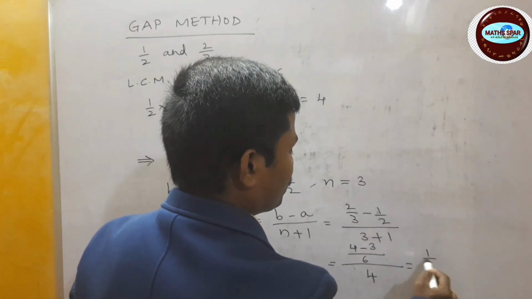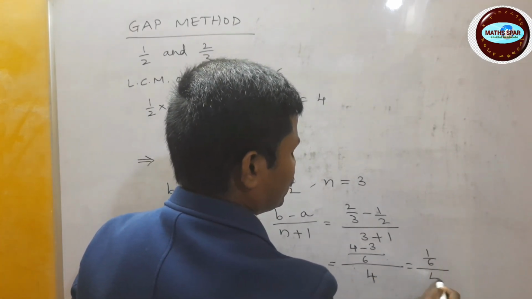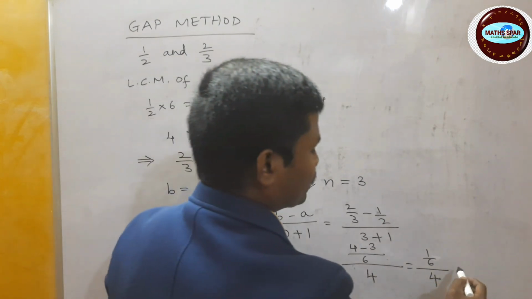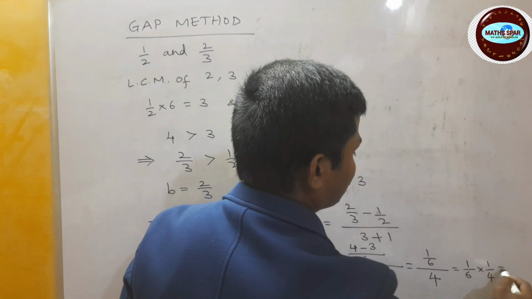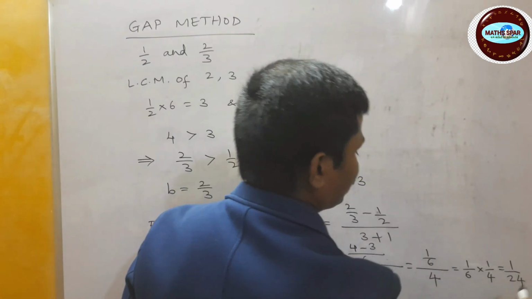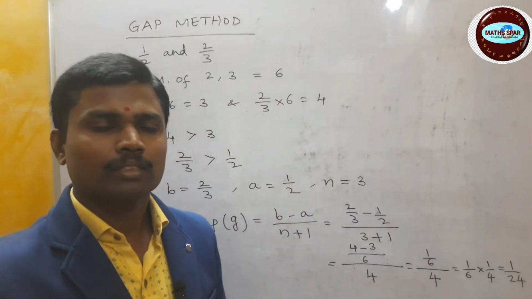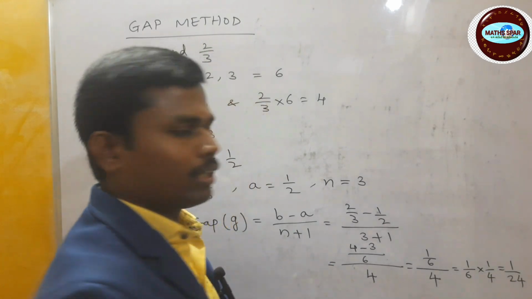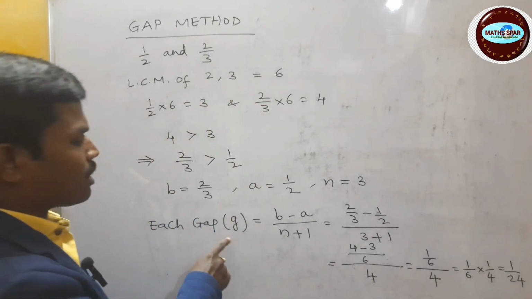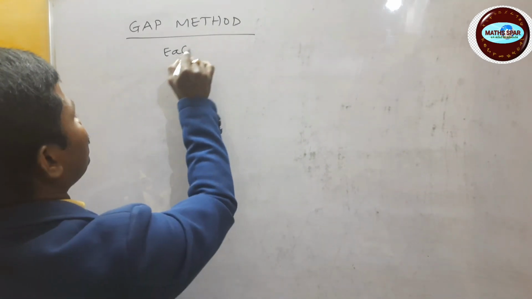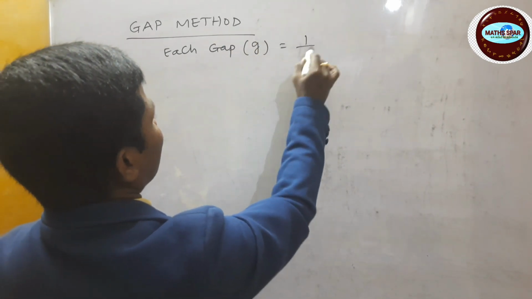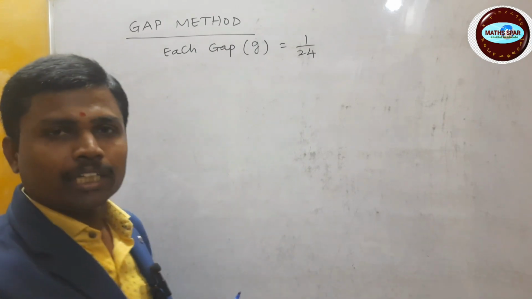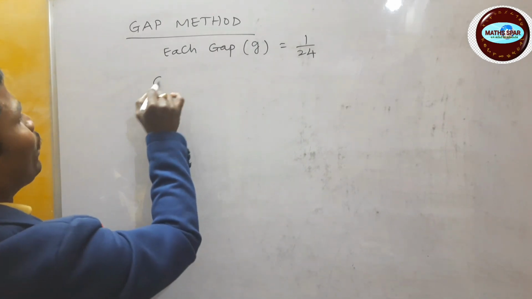That is 1 by 6 divided by 4, which results in 1 by 6 into 1 by 4, that is 1 by 24. This 1 by 24 is each gap. Let us move ahead.